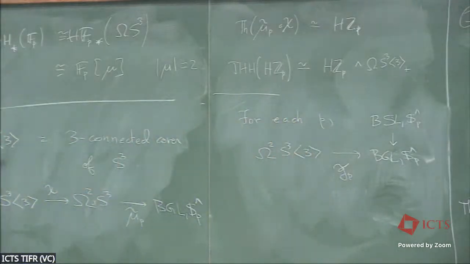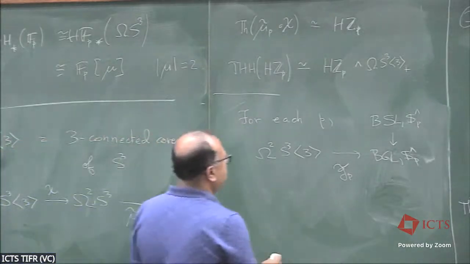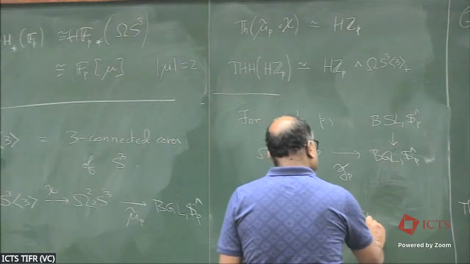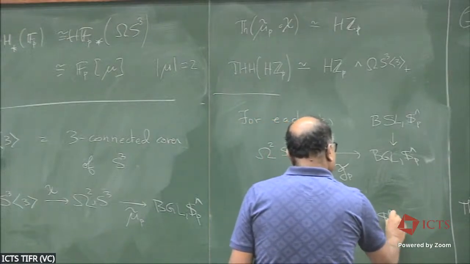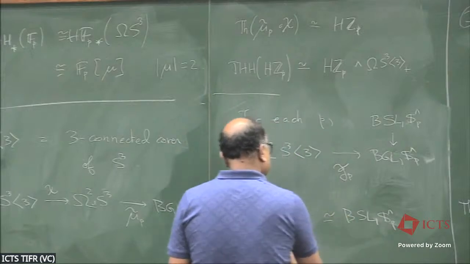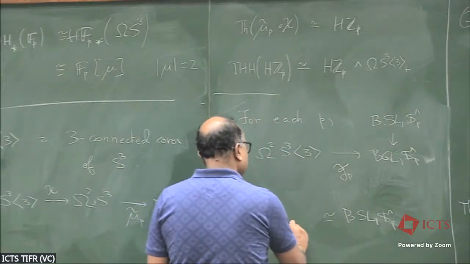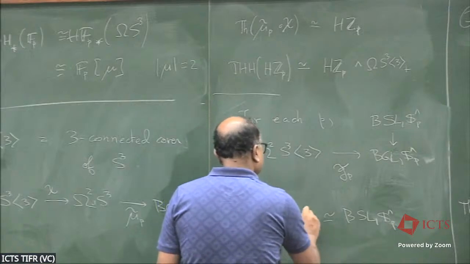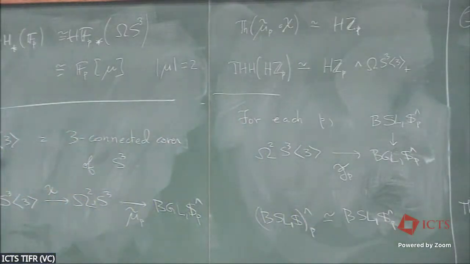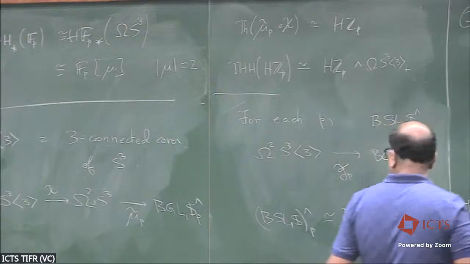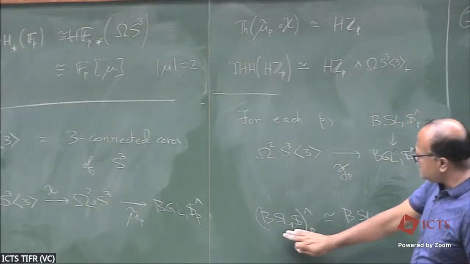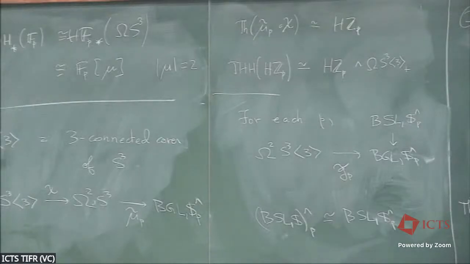Okay. And now you see that this BSL1 SP is the same as the P completion of BSL1 S. Not only that, this space here, BSL1 S, has all homotopy groups finite abelian groups.